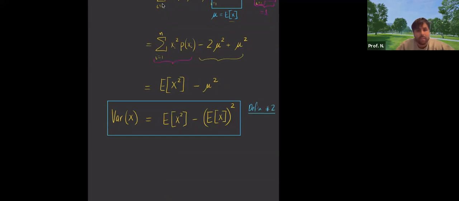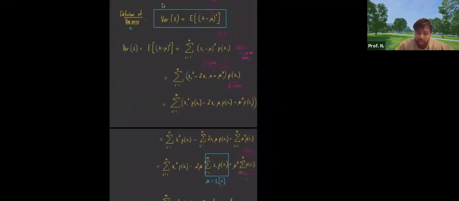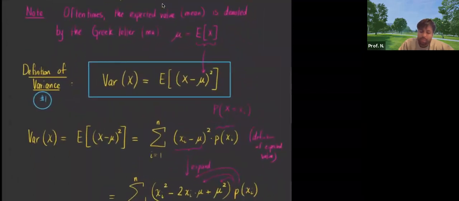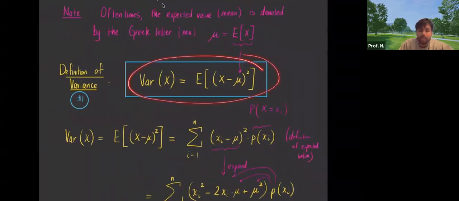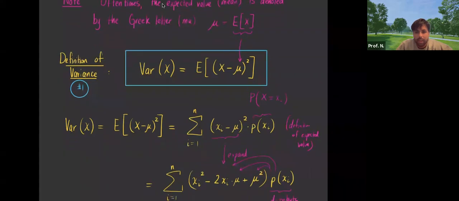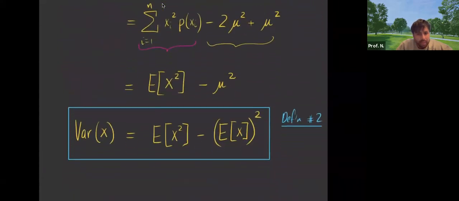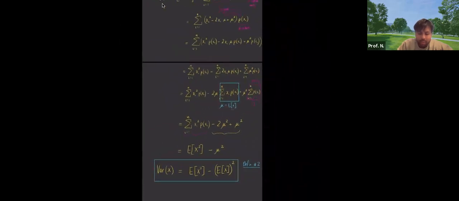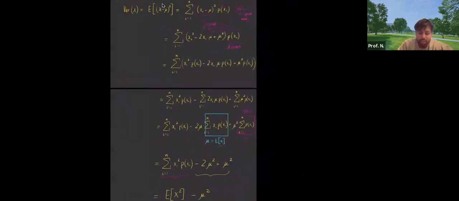For variance. The original definition for variance is given by this formula here. The variance of x is the expected value of x minus mu, squared. This is the original definition. But sometimes it's a bit easier. And as you can tell, we just derived it by using the definition of expected value.